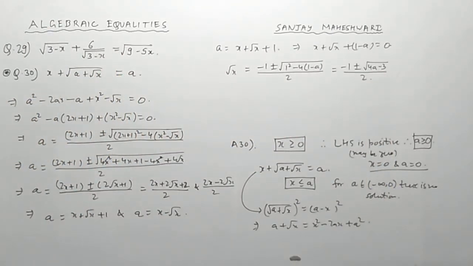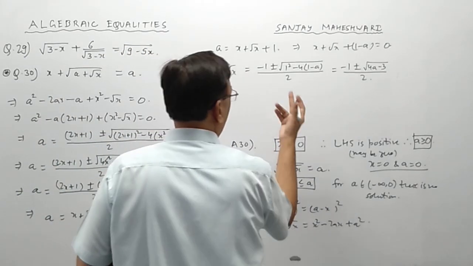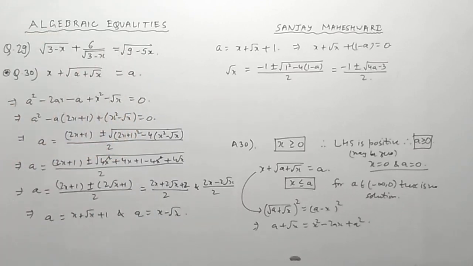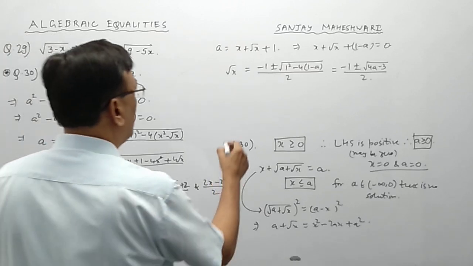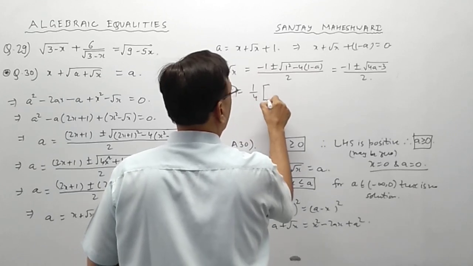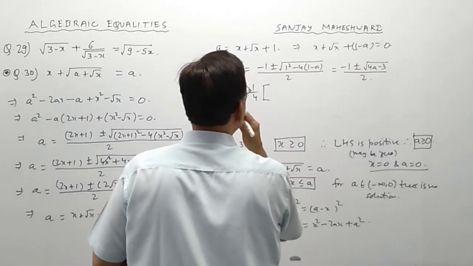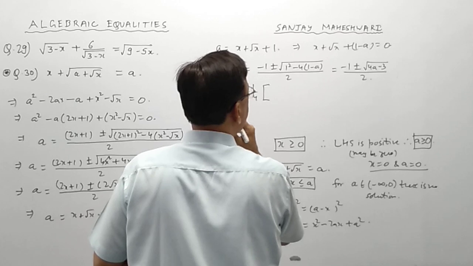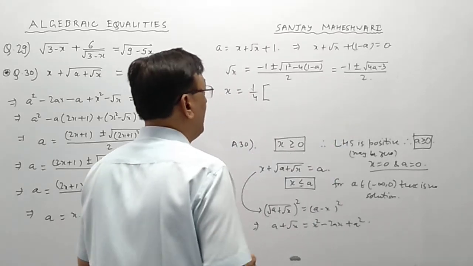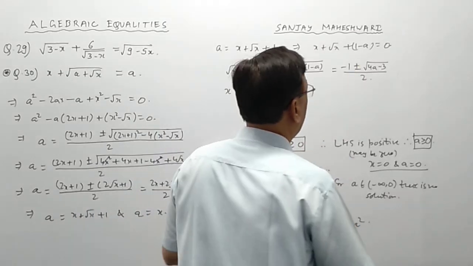So now for getting x we have to square it, no other option. So after squaring it, what we will get, let us check up. We have to square it, right? So after squaring we are getting x equal to 1 by 4. First we have to keep in mind there will be no negative value.